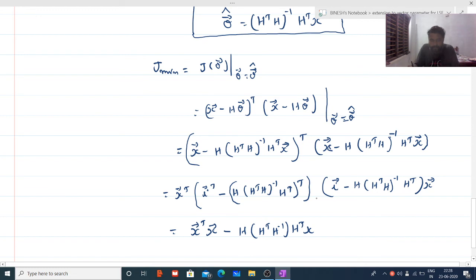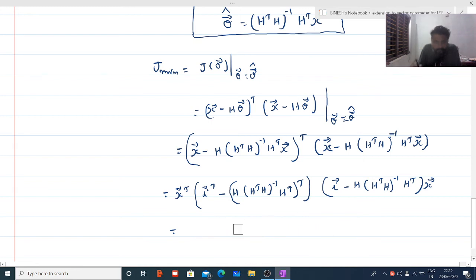One is the transpose, the other one is this one, so I can write it as H of H transpose H inverse H of H transpose H inverse H transpose into X. I think do one thing. I will just write directly like this.